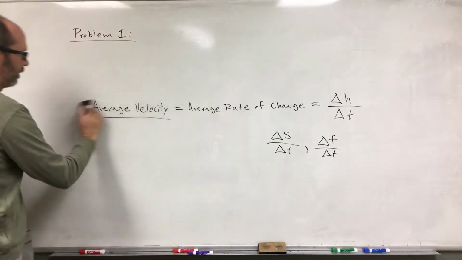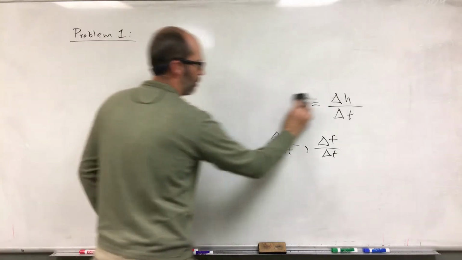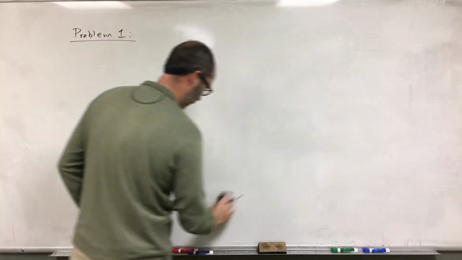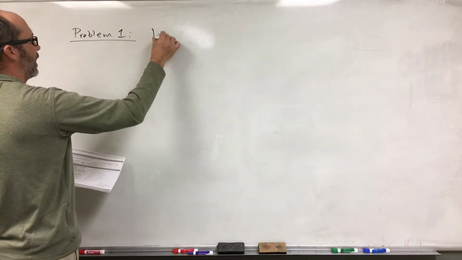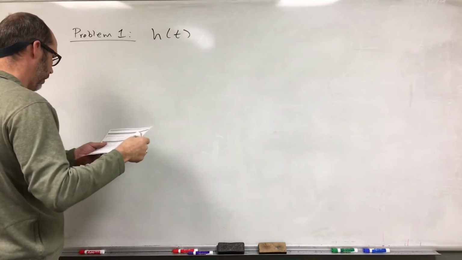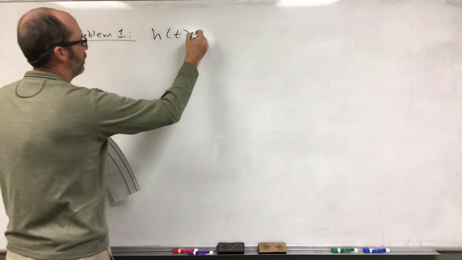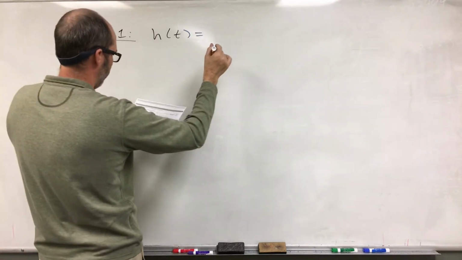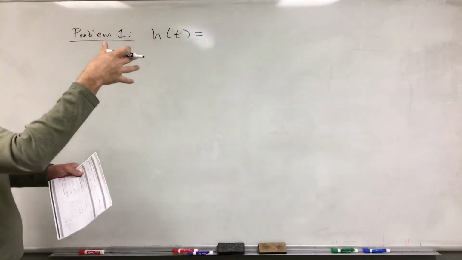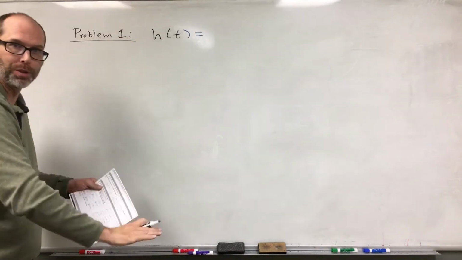On this assignment, it gives you a position function. The position function they give you is h of t. This is the height. Height is a position, right? Your height is a position.